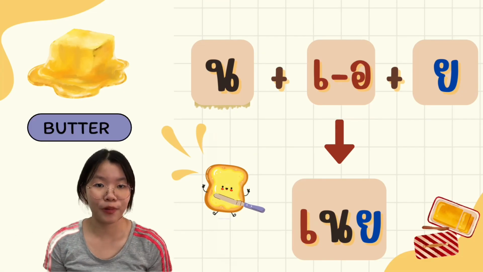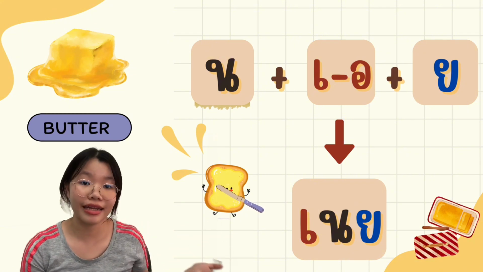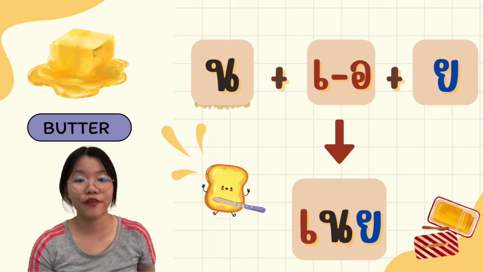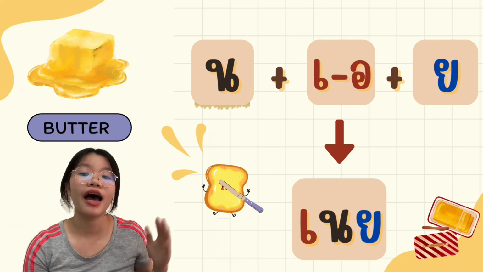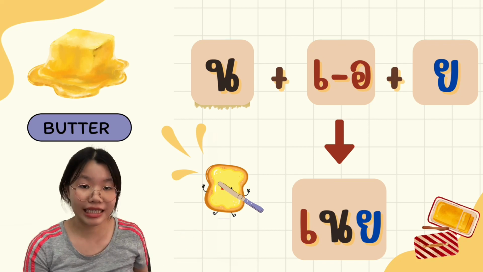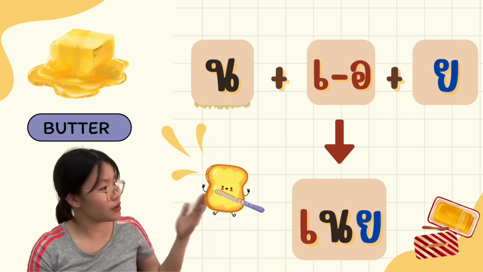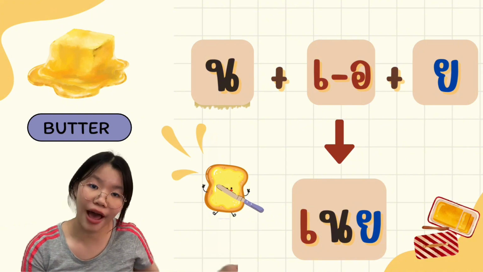For example, เนย, which means butter. Repeat after me. And you will see the inherent vowel.